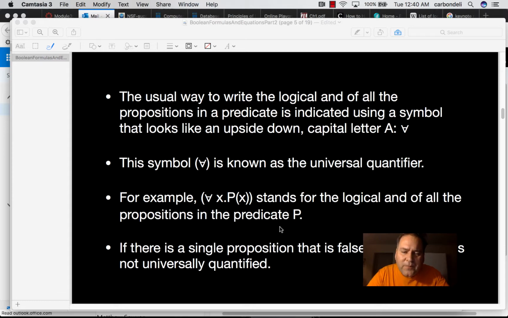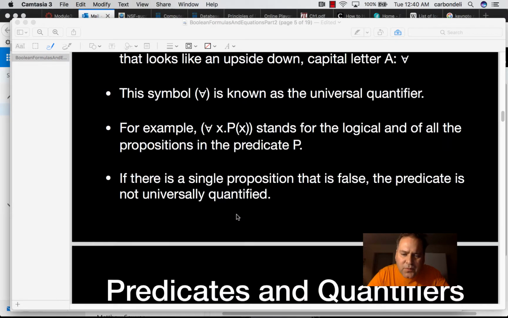So if we take this equation here, if there's any possible proposition of x that evaluates to false, then the overall expression is false.